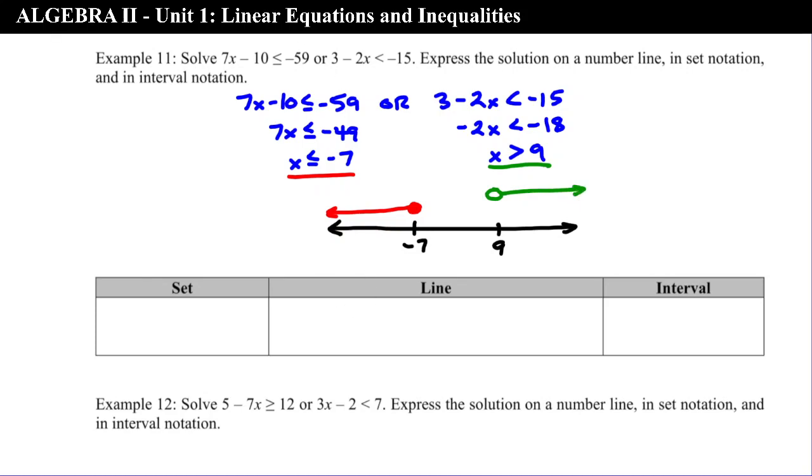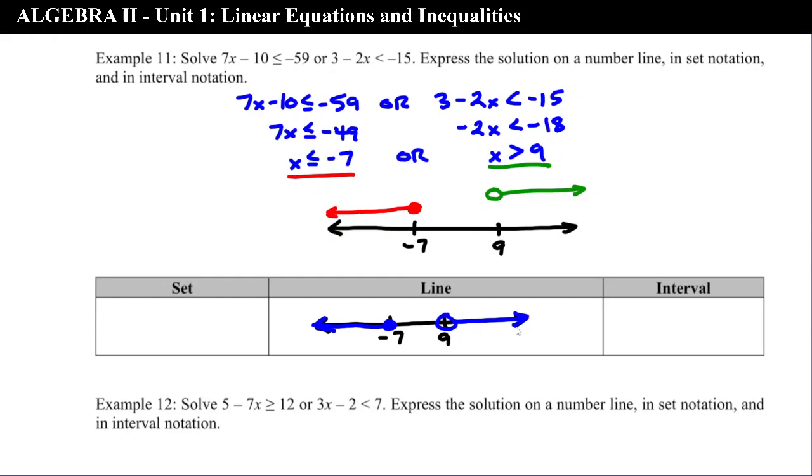Well, since this is an OR statement, we can graph on our solution number line. There's negative 7, there's 9. We can graph everything that's included, so everything that goes with this inequality and everything that goes with the other inequality. And that whole thing would be our solution.